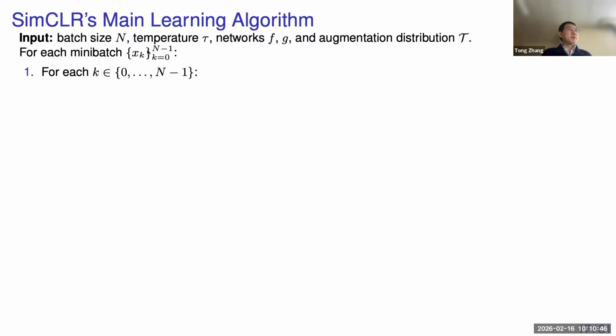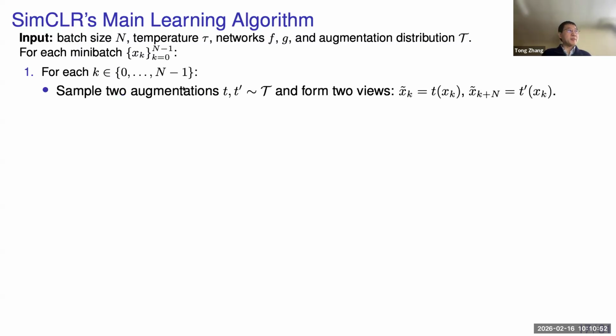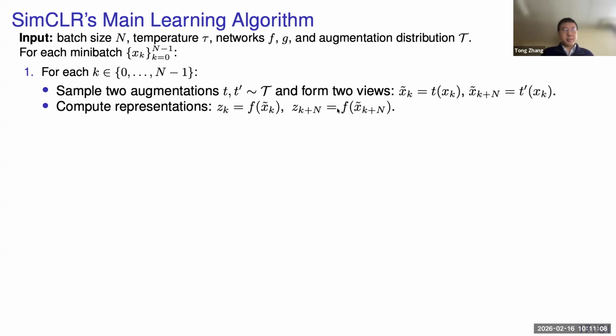For each image in your original image batch, you start to sample two augmentations, which you put as k and k plus n, according to the implementation we have later. Compute representations, right? So this is done. Compute projections, and this is where you have a loss.